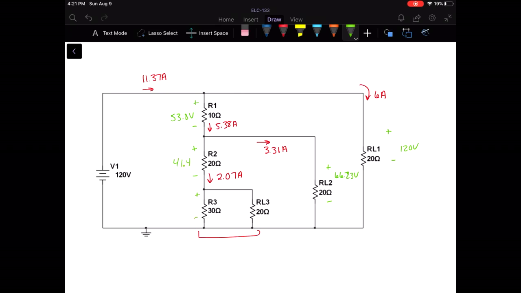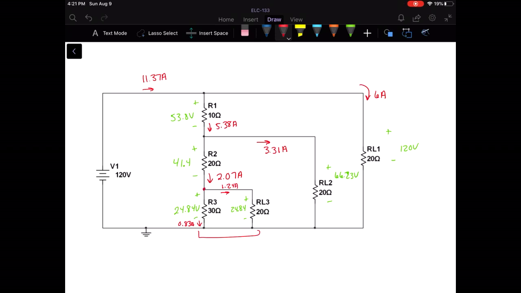And here was 24.84. And that's also going to be the same voltage drop over here with the parallel resistor, which should allow us to find our current. So 0.83 amps here and 1.24 amps here, which adds up to our 2.07.